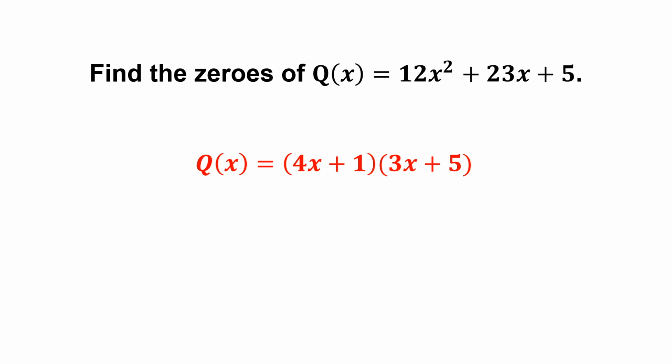You can use any method, but take note that 12x squared plus 23x plus 5 is factorable. Its factors are 4x plus 1 times 3x plus 5, and its roots are negative 1/4 and negative 5/3, which are also the zeros of q of x.